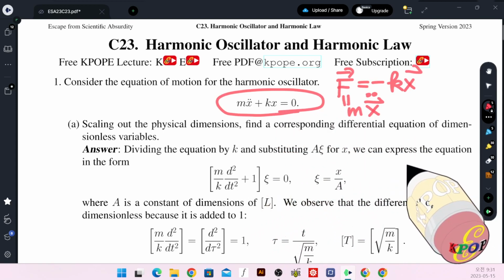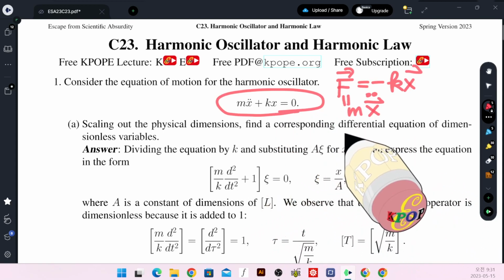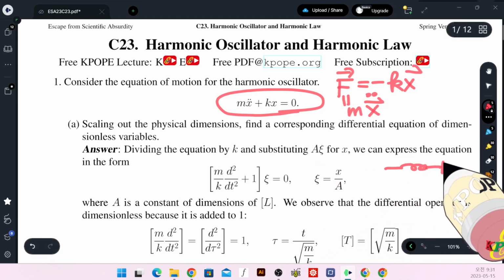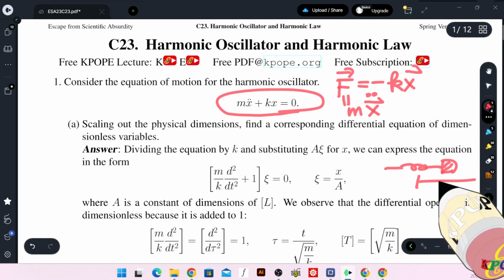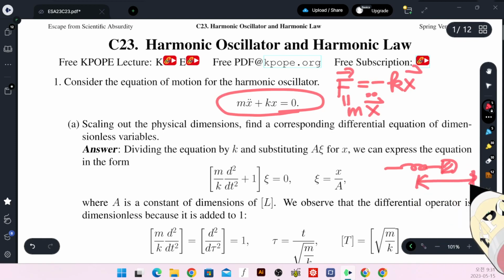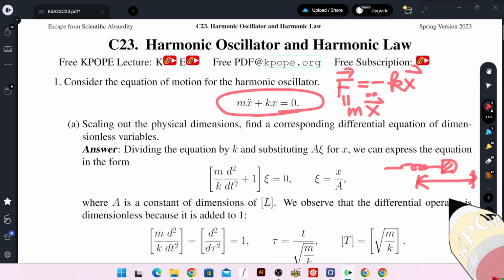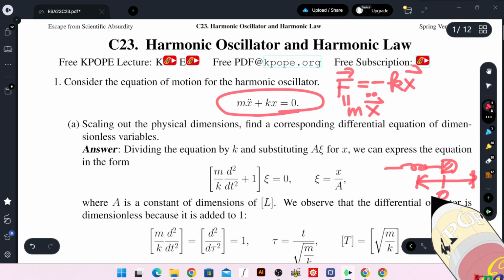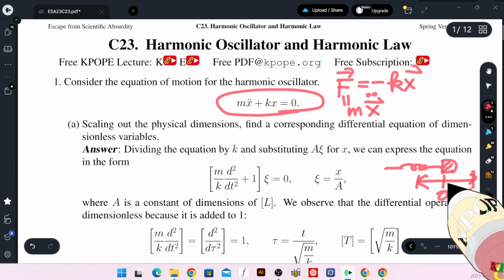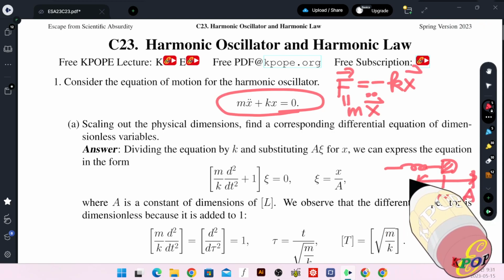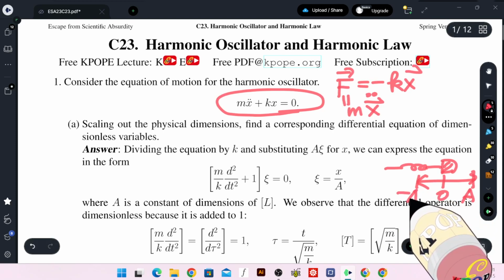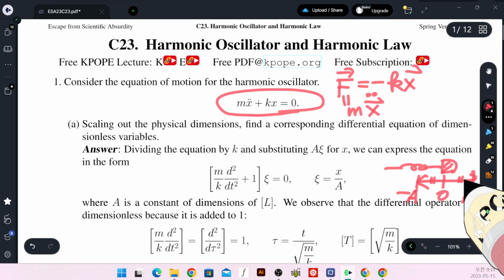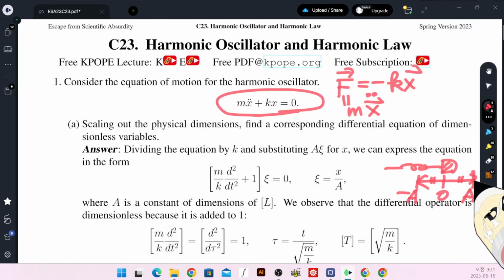We know x has dimensions of length, and the harmonic oscillator is restricted to move between two points. We have the equilibrium position, the maximum reach is a, and in the other direction we have minus a. They are equal and it oscillates repeatedly.